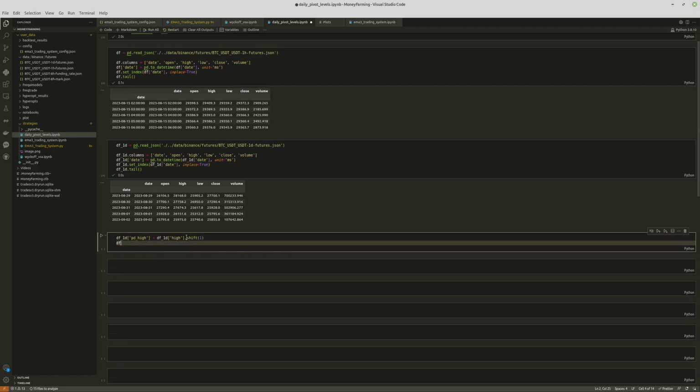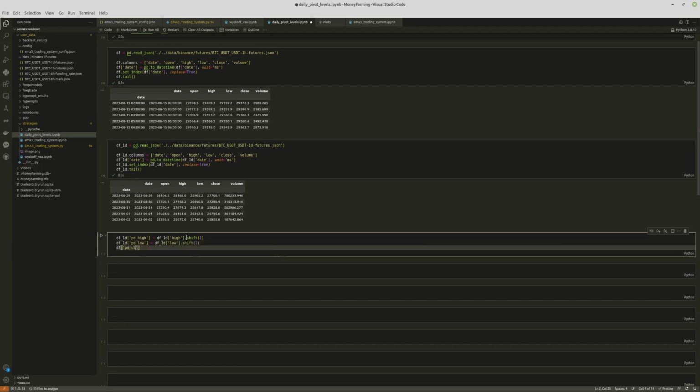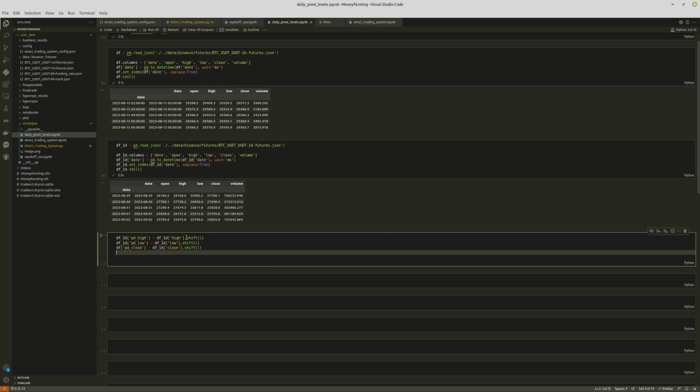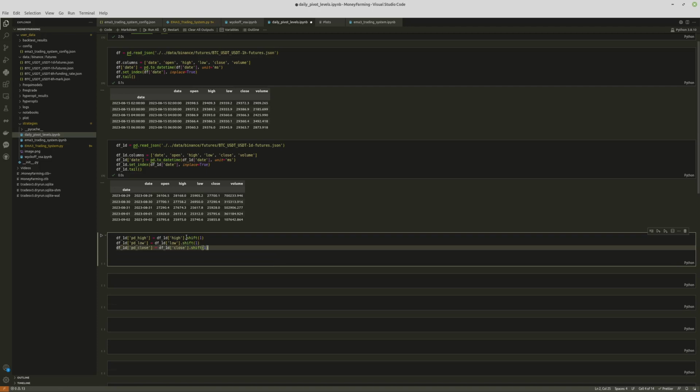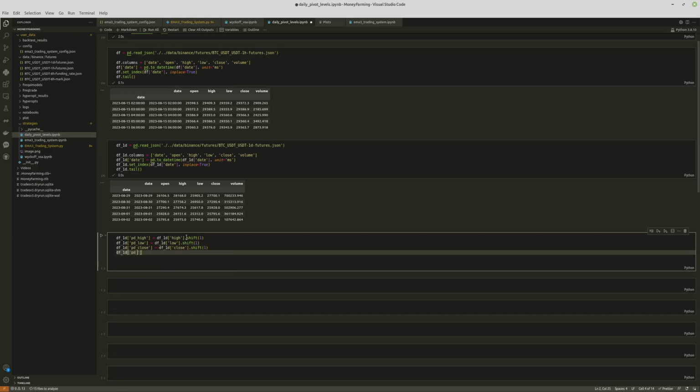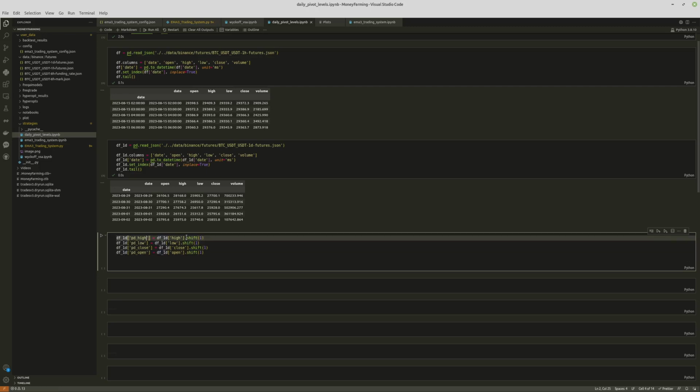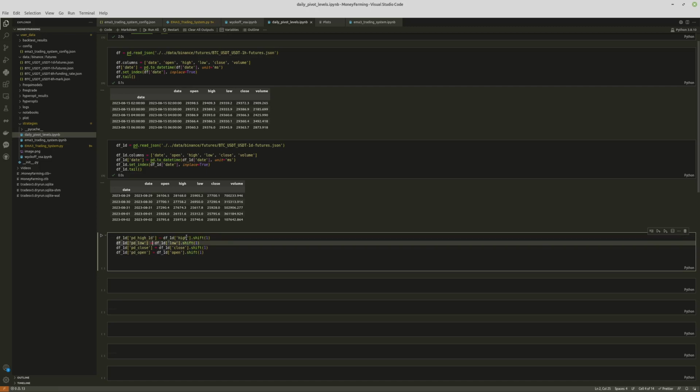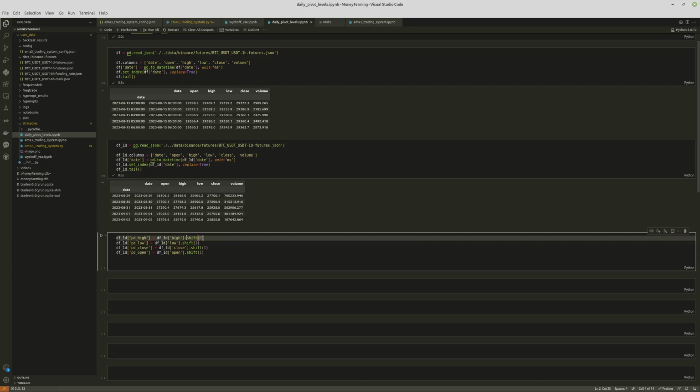Okay, and we can do the same thing for previous day low, shift it forward, and close as well. Now as we have this, we can also do the open. We might need it later, I guess. Let's do previous day high.